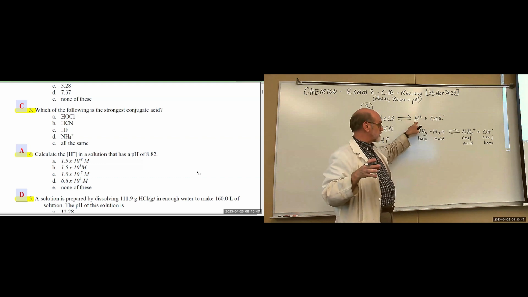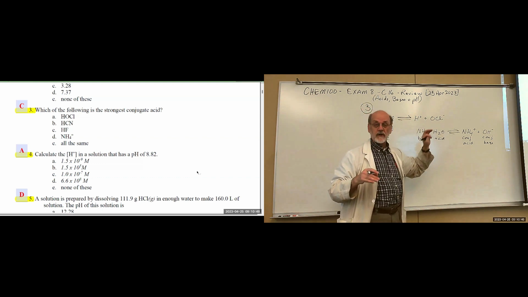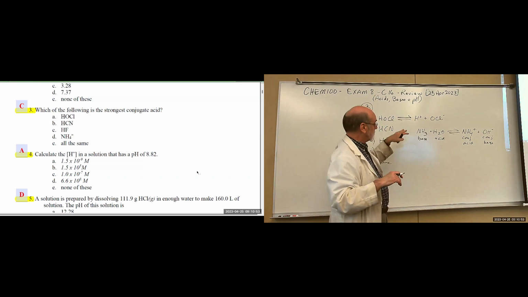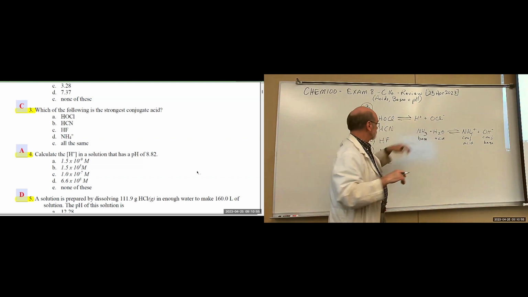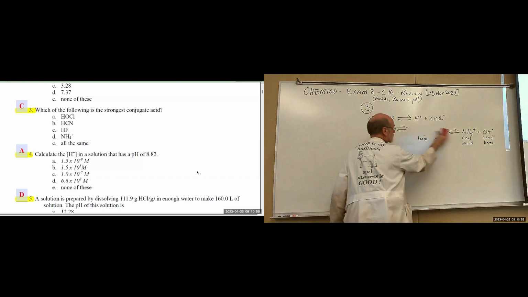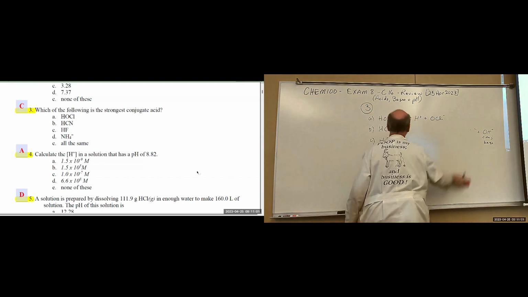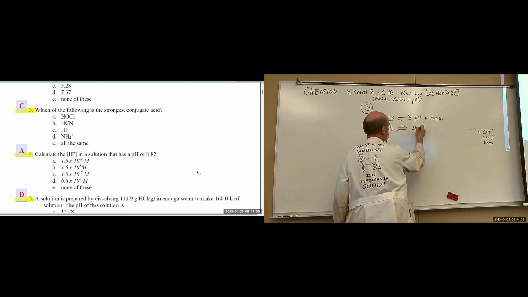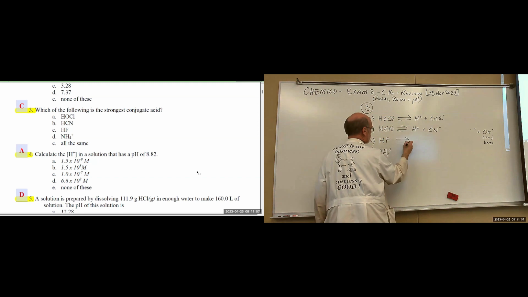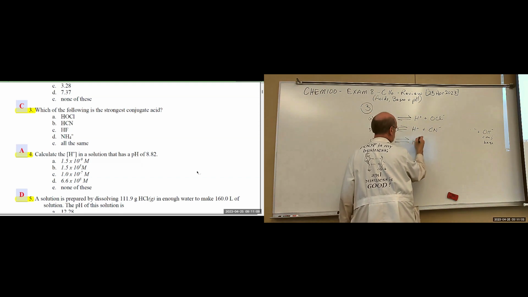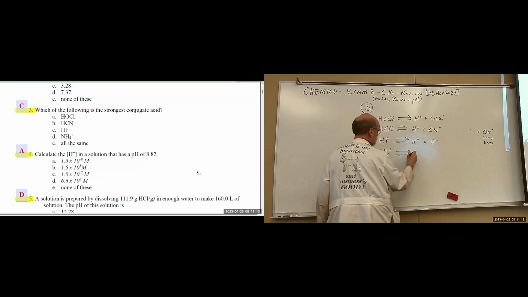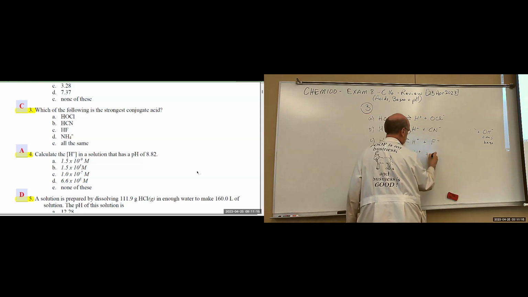They're always transferred to something, so it'd be transferred to a water molecule. But for the purposes of discussion, this is acceptable. This one would give us a hydrogen plus a cyanide. This one would give us a hydrogen plus a fluoride ion. And this one would give us a hydrogen plus ammonia.